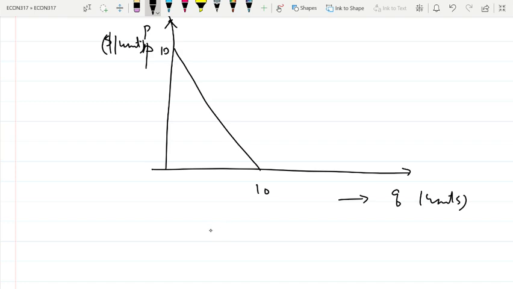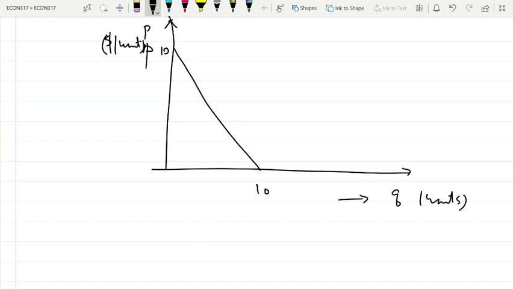The same thing could be said about the table, the data available in the table, based on which we'll assume the relationship between the price and quantity. Suppose we assume it to be linear, then we can draw a graph based on the data points, as well as we can write down a formula of the price quantity relationship if the relationship is well behaved.